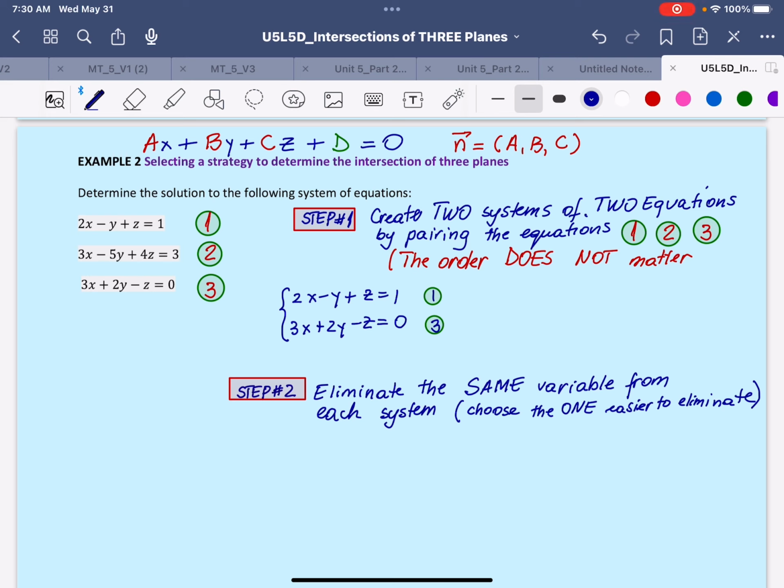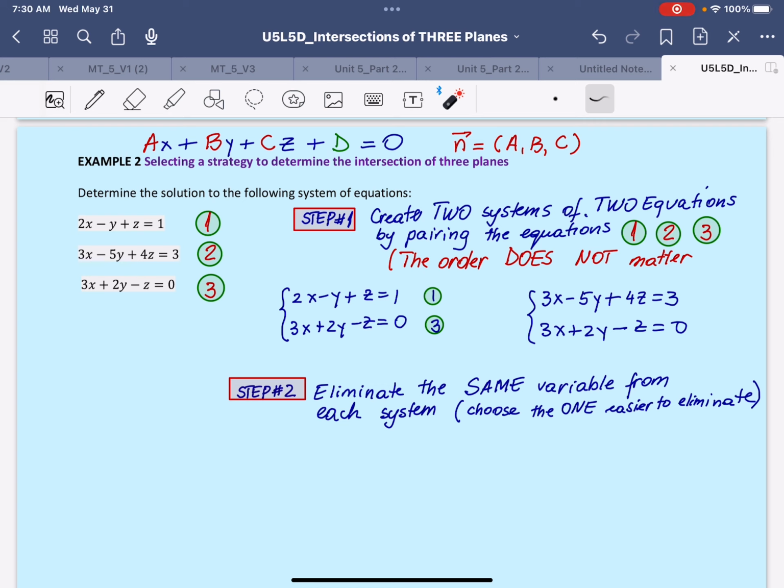And the second set will be made from equations 2 and 3. So again, this is the only other choice I have. So 3x minus 5y plus 4z equals 3. And 3x plus 2y minus z equals 0. So this is the other choice I have to pair up the equations, so equations 2 and 3.